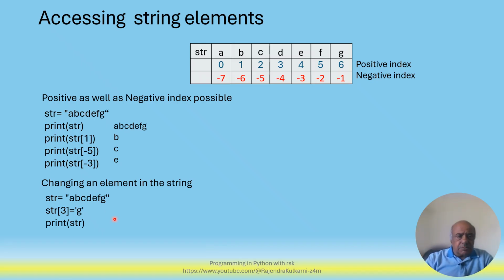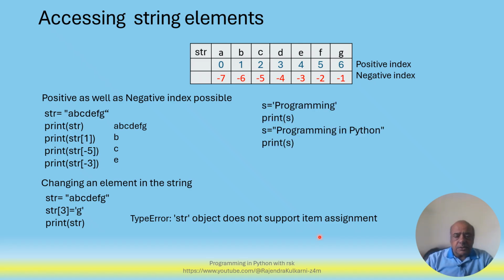Again a string A, B, C, D, E, F, G, and now we want the character at index 3, which is D, to be replaced by G. So we write str index 3 is equal to G. When executing this program, what we get is: str object does not support item assignment.